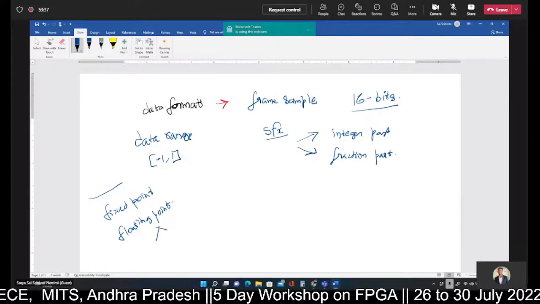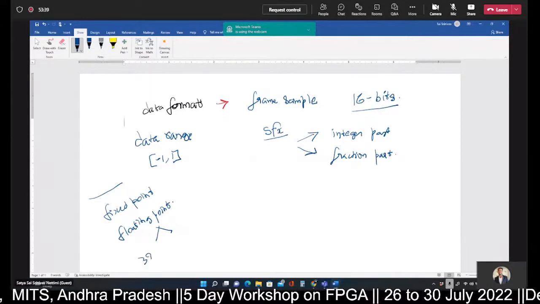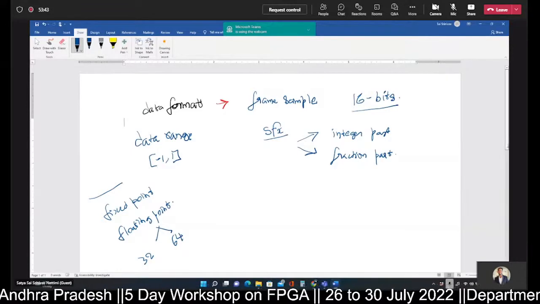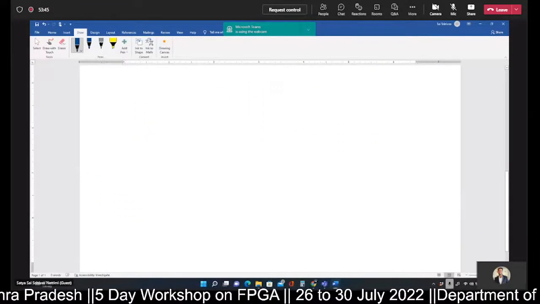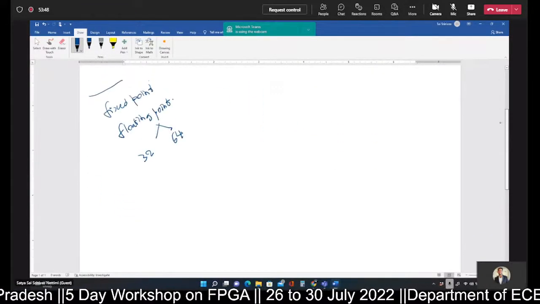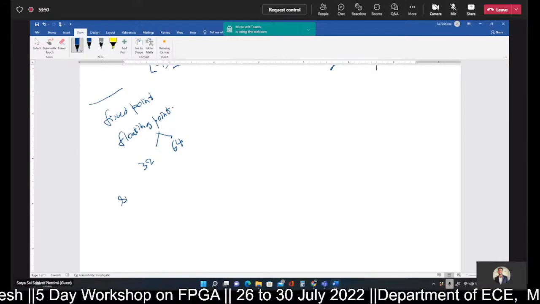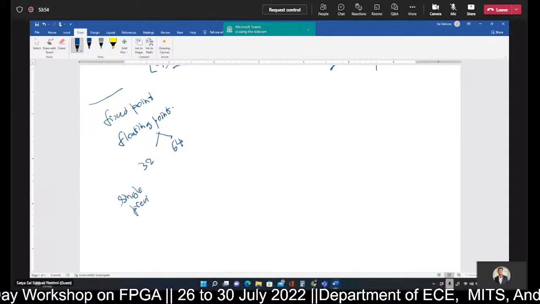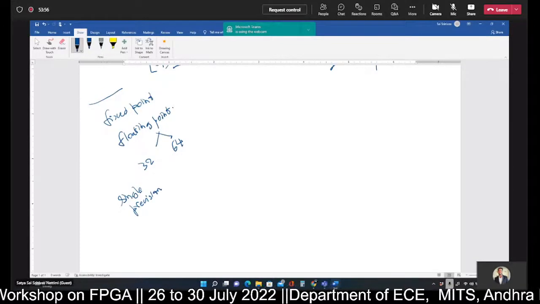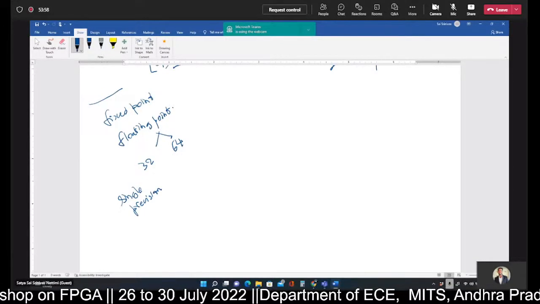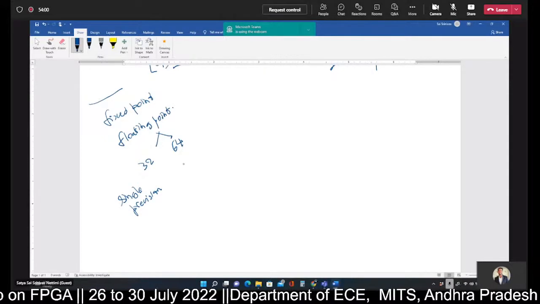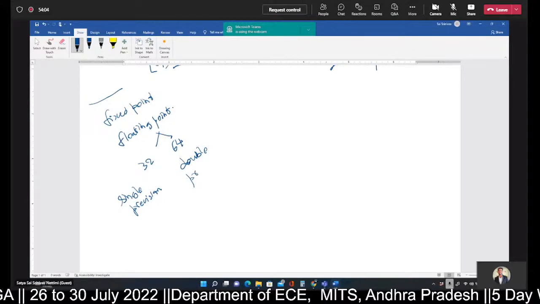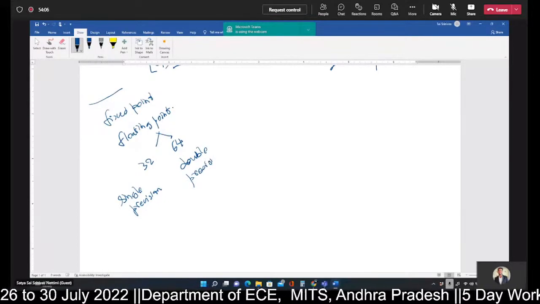In floating point, we have 32-bit floating point and 64-bit floating point. The 32-bit we call single precision floating point, and the 64-bit we call double precision floating point.